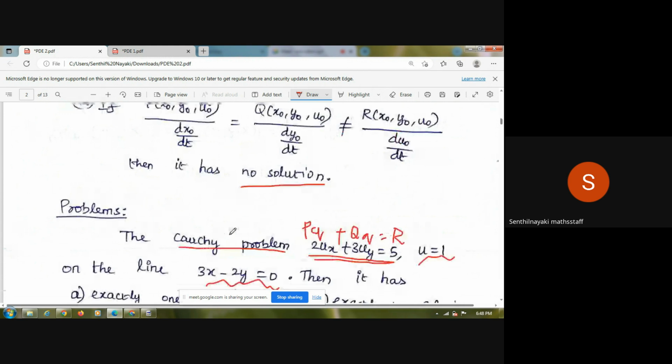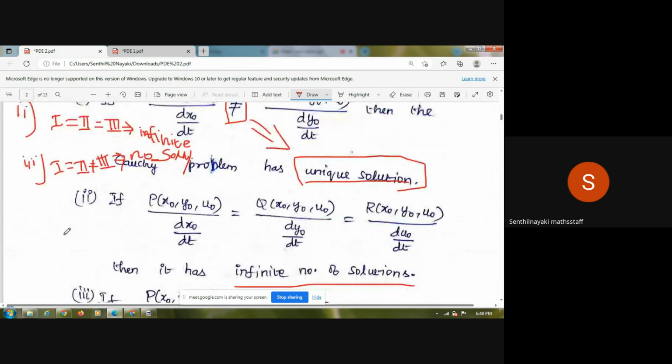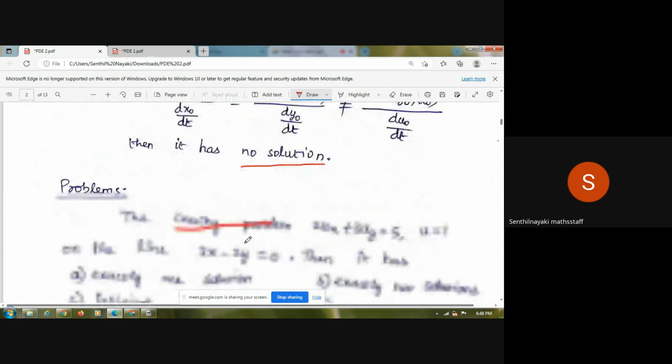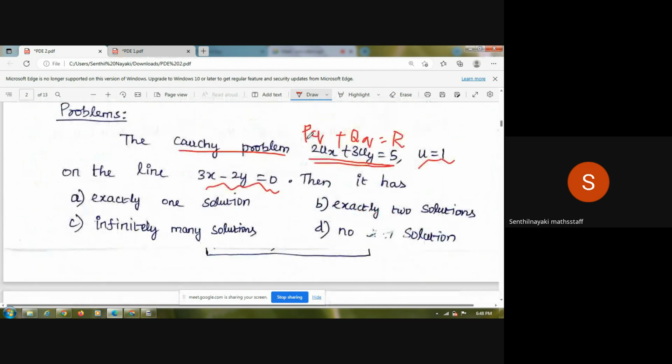For this we have to check these ratios. First we have to identify the P value. What is the P value? 2, isn't it? And what is the Q value? 3. What is the R value? 5. So easily you can identify capital P, Q and R values. Next is u.